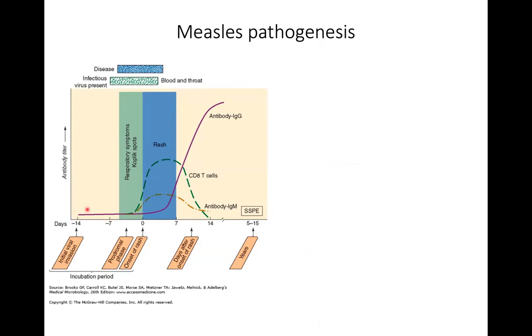It can last anywhere from about 10 to 14 days. In that time, the virus gets in, it begins replicating, and our first set of prodromal symptoms are respiratory symptoms, and the formation of these things called Koplik spots, which I have a picture of for you here in a little bit.